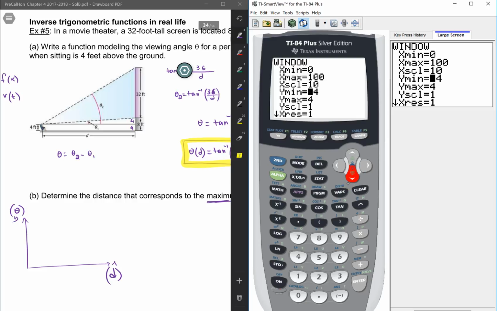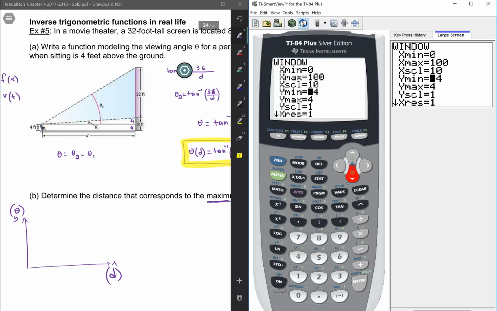Now take a look at that drawing. What are your values, do you think, for your angle? If there's no angle, it's 0 degrees, and then what's the maximum the angle can go to? 90 in this case. You're not going to have 180 because that means the screen is behind you.